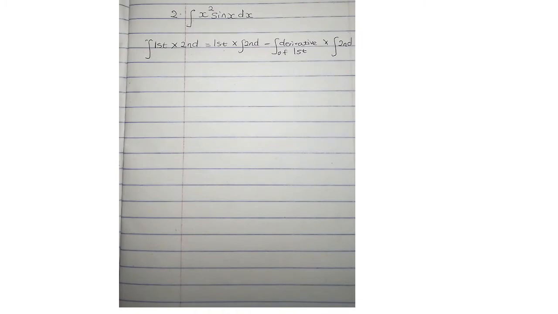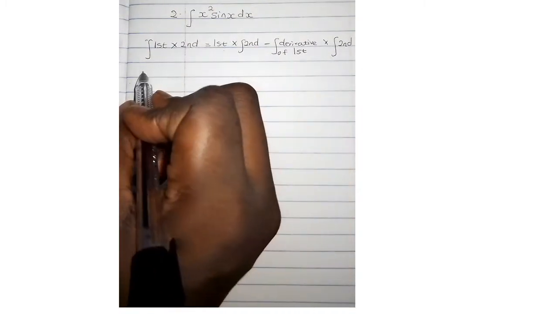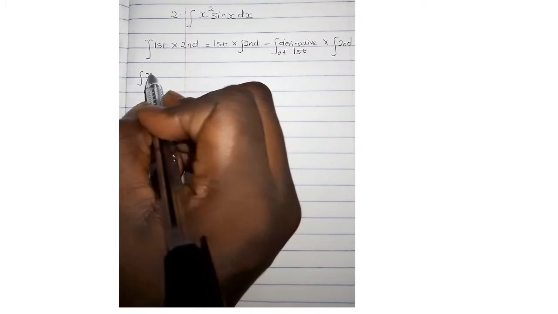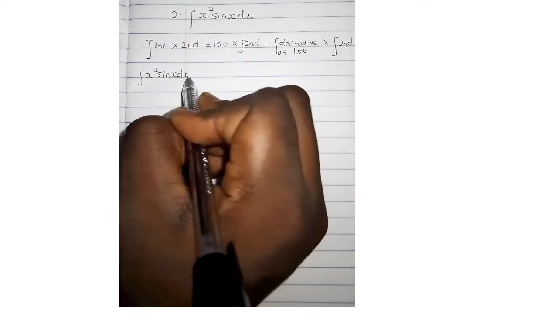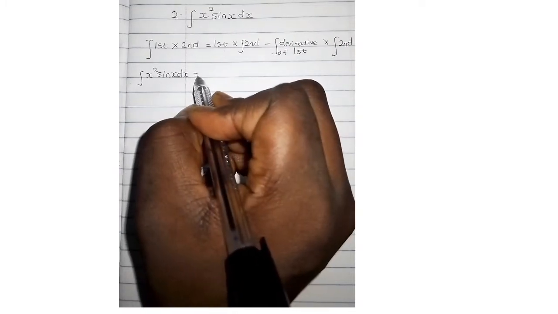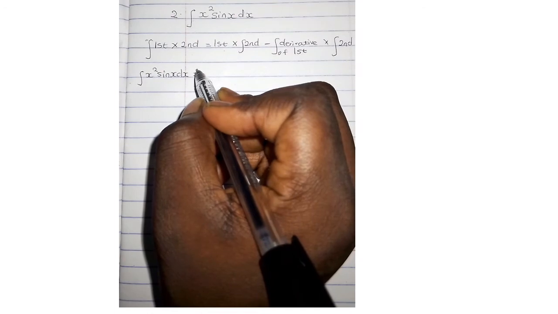Alright, now using the formula for this function, we have the integral of x squared sine x dx is equal to, what's the first? The first is x squared, then the second is sine x.